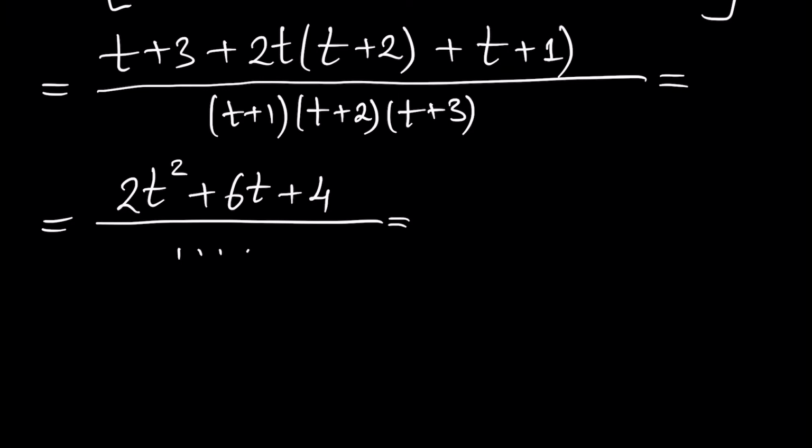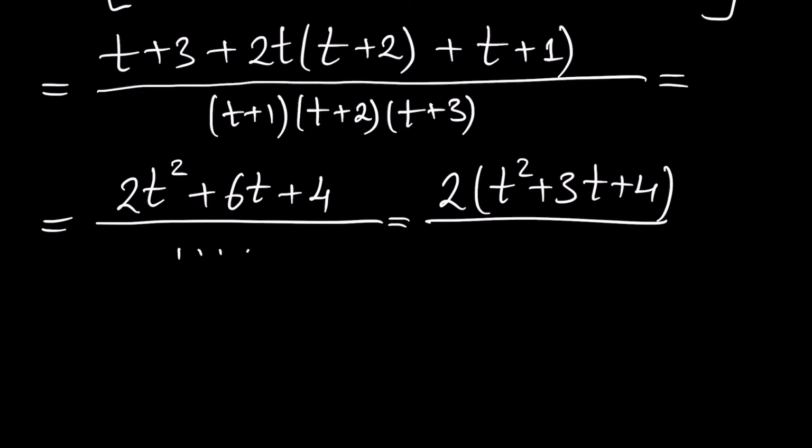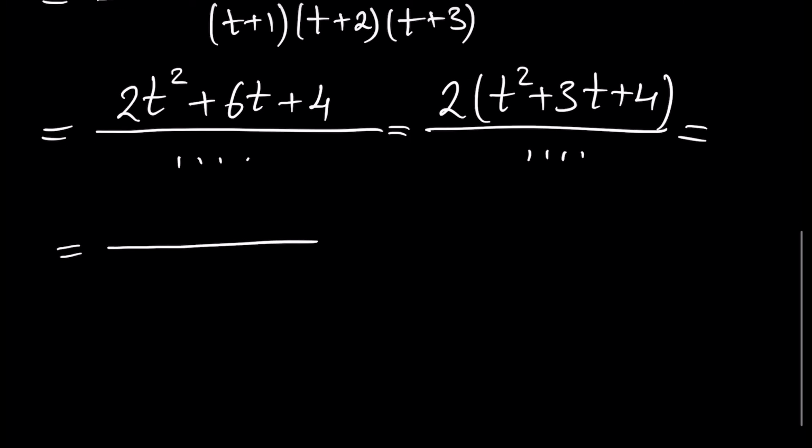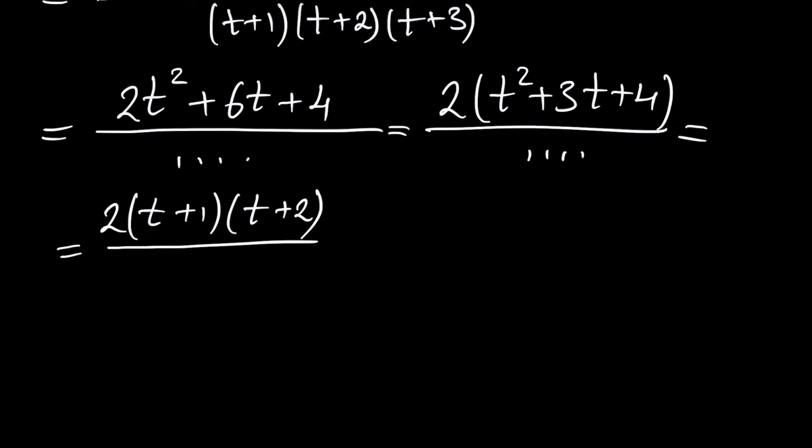If we take out the number 2, we will have t squared plus 3t plus 2. The denominator is the same. This quadratic polynomial in the numerator can be represented as a multiplication of two brackets, t plus 1 times t plus 2. Let's rewrite the denominator. The denominator was t plus 1 times t plus 2 times t plus 3.